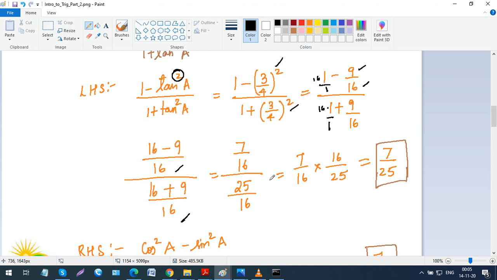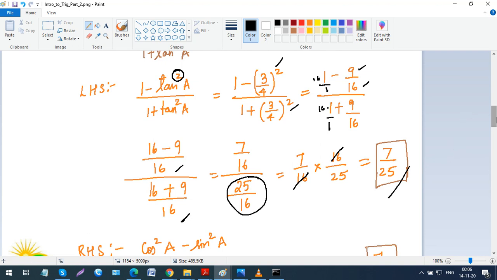So that's 7 by 16 divided by 25 by 16. The denominator gets reciprocated, which is 16 by 25. The 16 gets cancelled and you simply get 7 by 25 as the answer. So this is your LHS. You are getting 7 by 25.